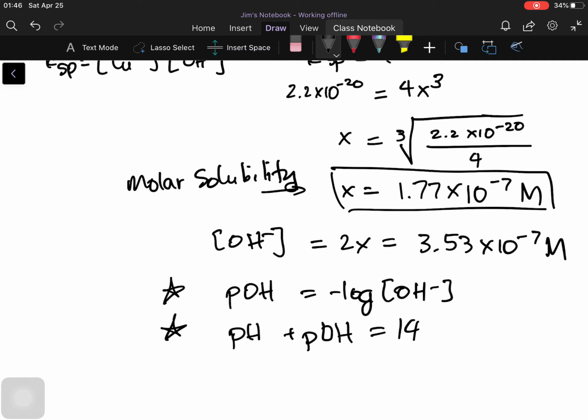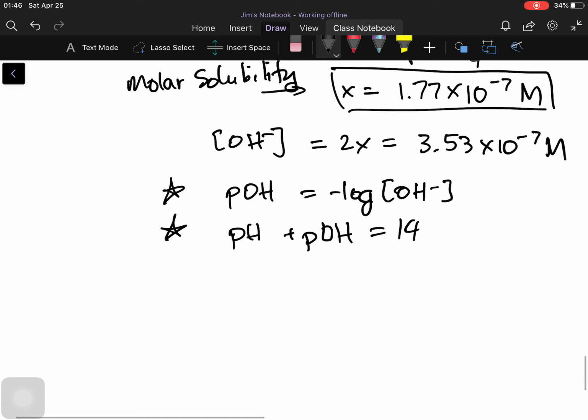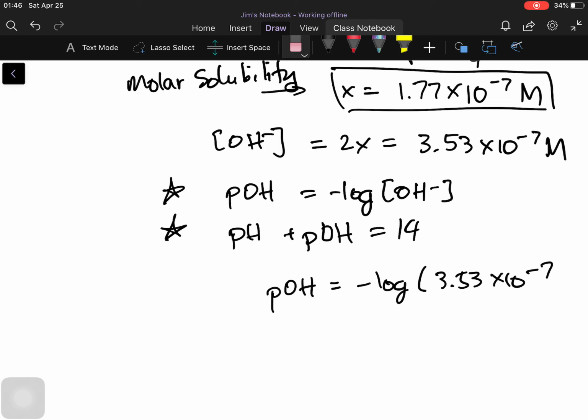So we're going to use the two equations. Solving for pOH, that's the negative log of 3.53 times 10 raised to negative 7. I'm not going to include the unit. So that's pOH equals 6.45.